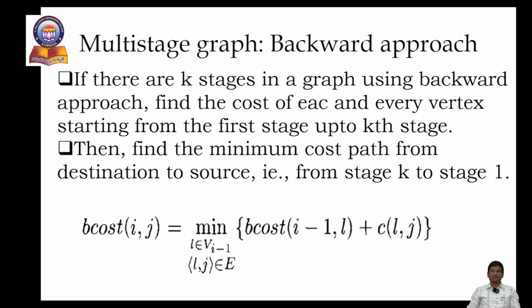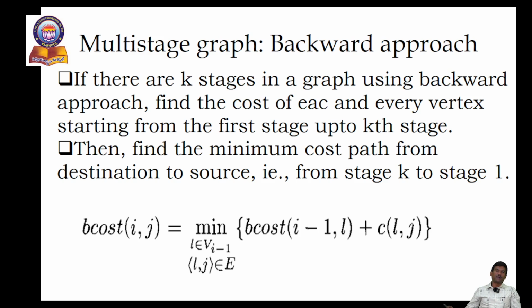And the formula associated with the backward approach is b cost of i, j is given as the minimum of b cost of i minus 1, l plus c of l, j, where l belongs to the vertex set V i minus 1 and l, j is an edge that belongs to the edge set, that is capital E.